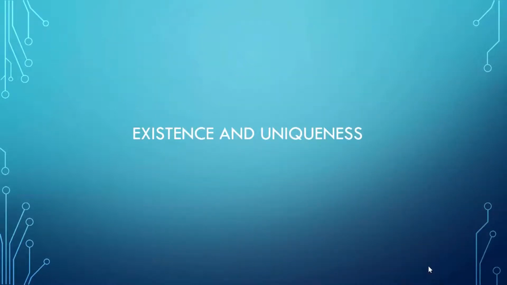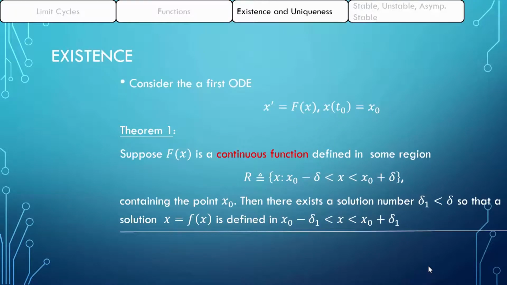So next, this part is more important than the previous part because the previous part is the tools that will be used in this section. So why do we care about existence and uniqueness? Go back to the ODE, the mechanical system or any dynamic system described by an ODE.